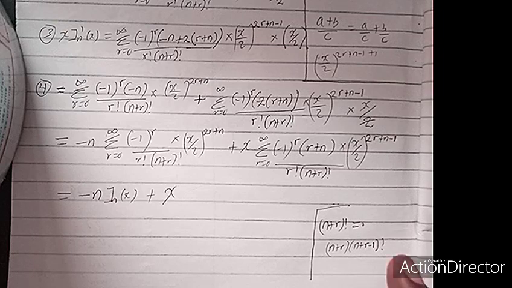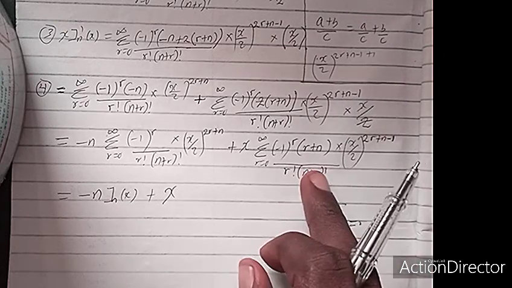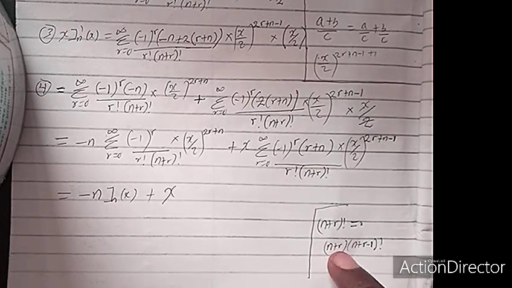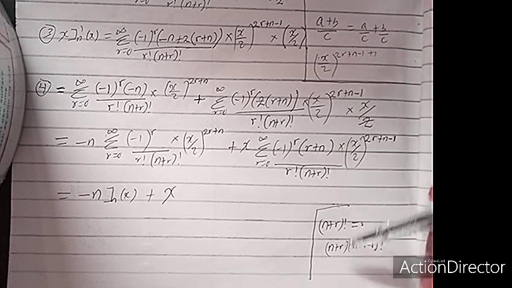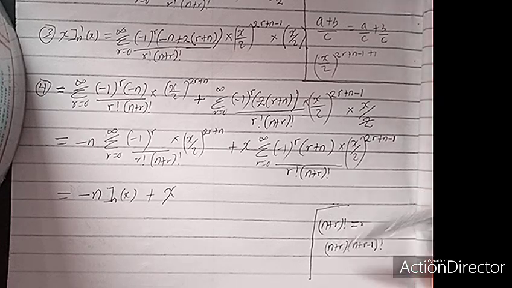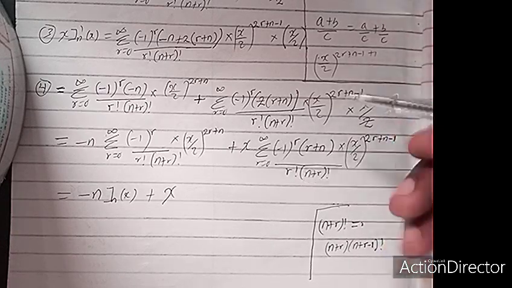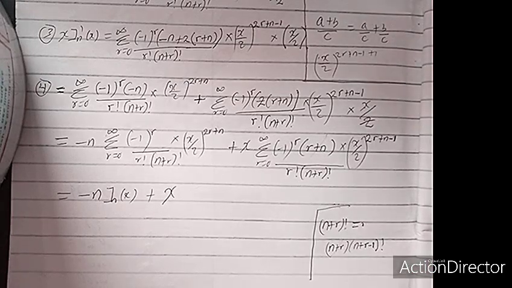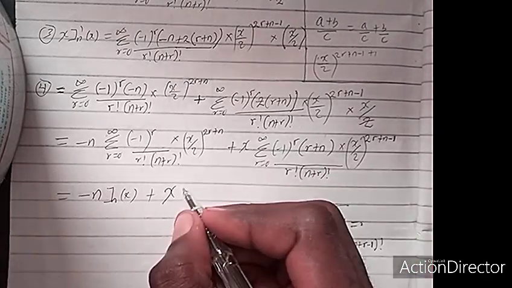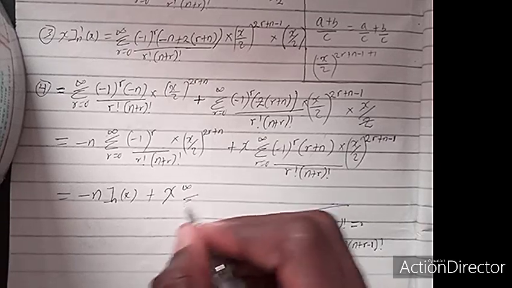So instead of writing this n plus r factorial, I will put n plus r into n plus r minus 1 factorial, so that my r plus n, we cancel r plus n that I have here. So that we now have, please watch, that's the last step.